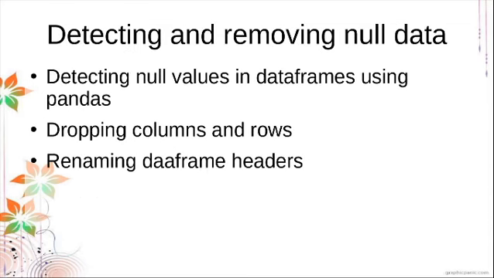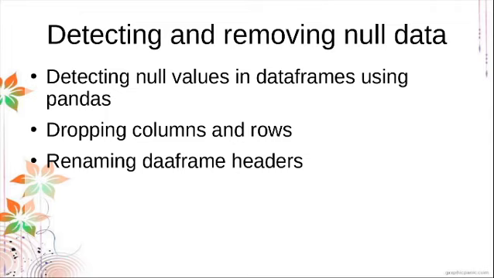So let's see what those are. How do we actually clean, by first removing and detecting null data? Actually, in our example, we will only be dealing with detecting and removing null values in data frames. Because if you remember, we are building up from what we have previously, which are the COVID cases in the Philippines.